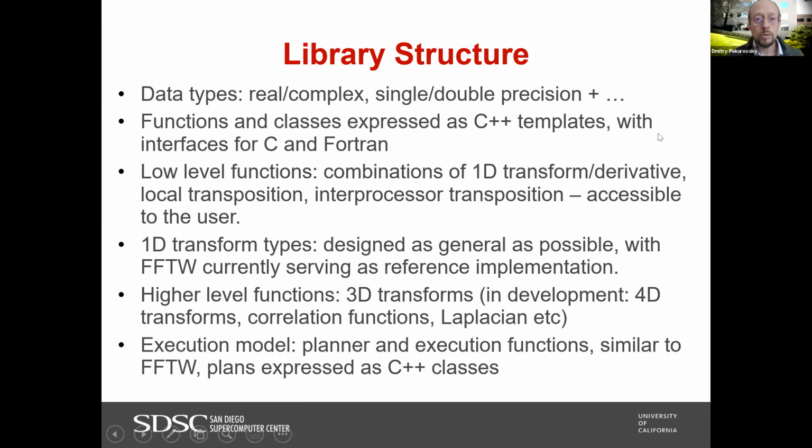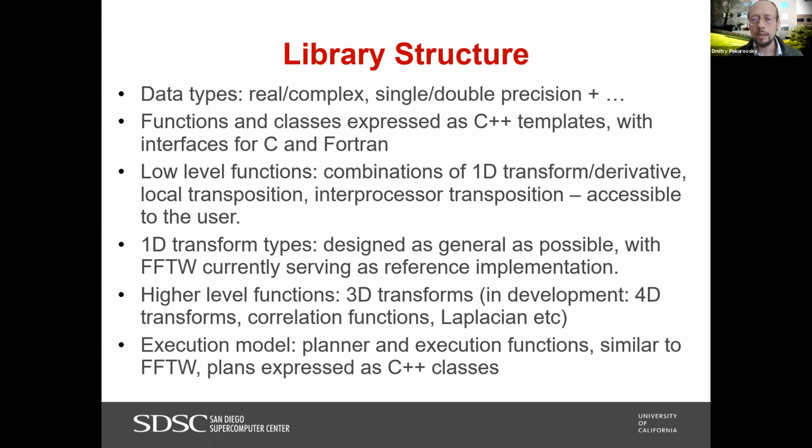A few words about library structure. It can use several data types, real and complex, of course, single and double precision currently. Function classes are expressed as C++ templates with interfaces for C and Fortran. It has the lower level 1D transforms and high level functions, 3D transforms, that are built on top of 1D transforms. This is expressed in the most general way.